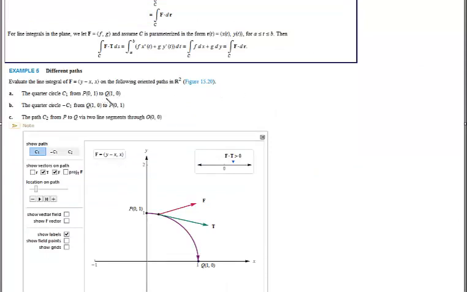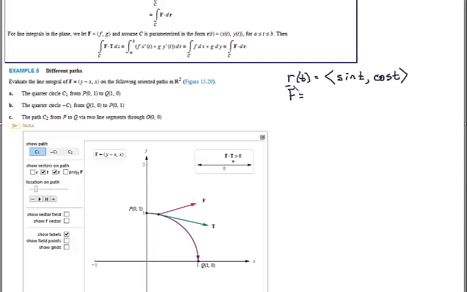In our part A question here, we are to do the quarter circle from the point 0, 1 to the point 1, 0. So we're going to go clockwise in this fashion. This would mean that our r vector for A is going to be sine of t for our first component, and cosine of t for our second component at any point along the curve.